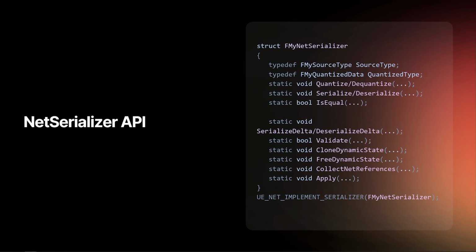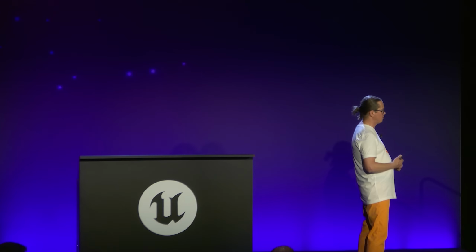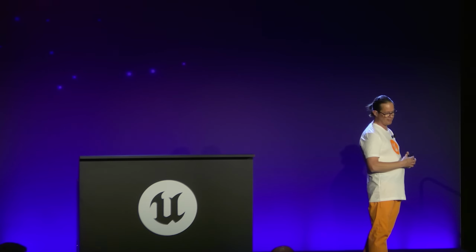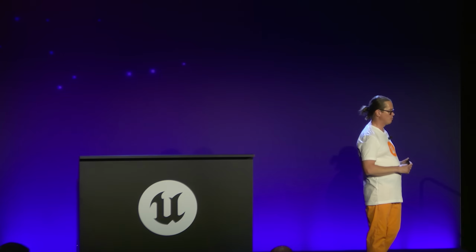And apply is if you need a bit of a custom application from the dequantized data to the target instance. We always dequantize to a temporary instance. So if you don't want to overwrite something that is a replicated property, you may want to implement apply.